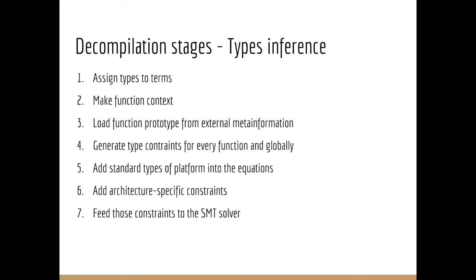Each function has a context which will contain the future constraints. It can load function prototypes from external meta information, for example functions from libraries, system functions, or maybe debug information. And finally, it will generate type constraints for every function and global context.